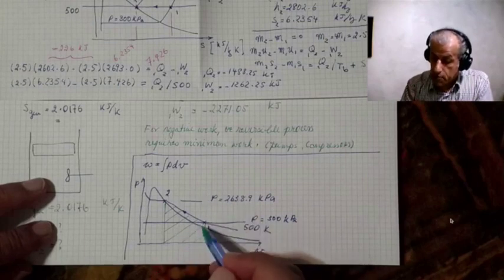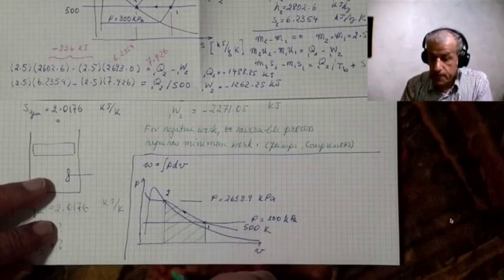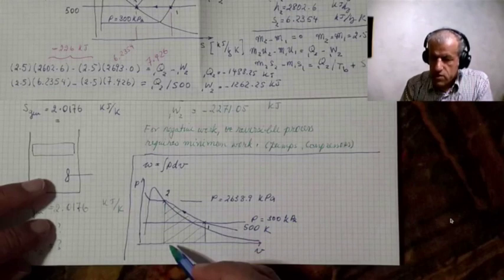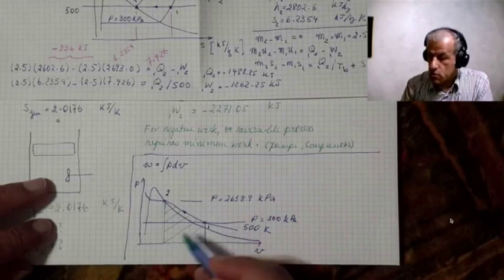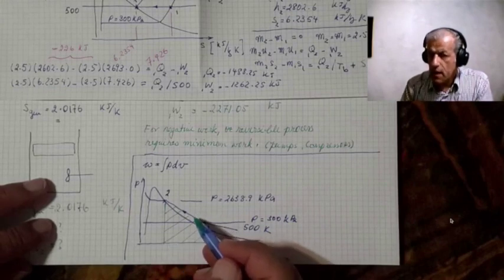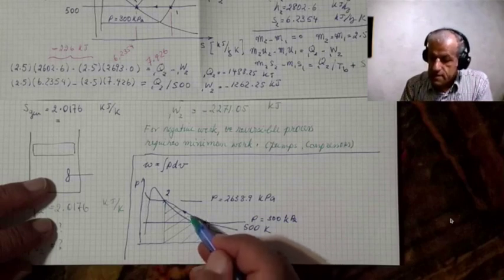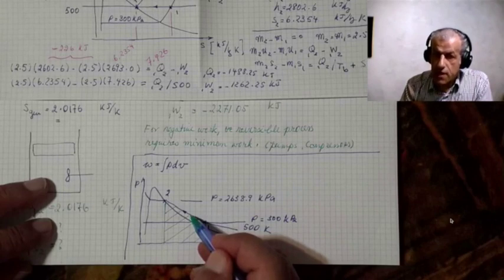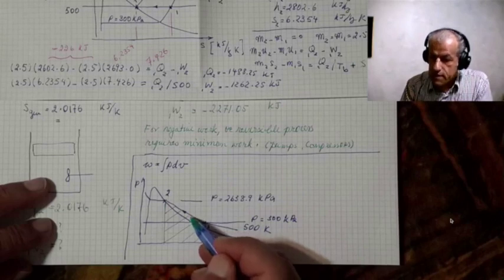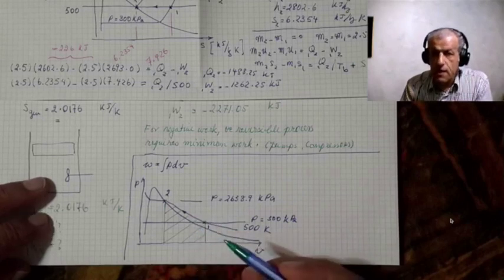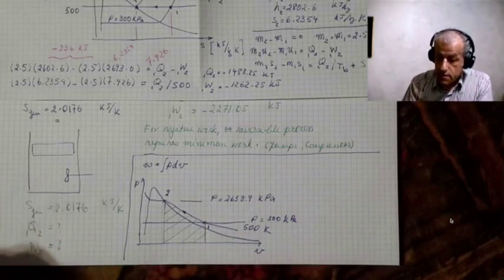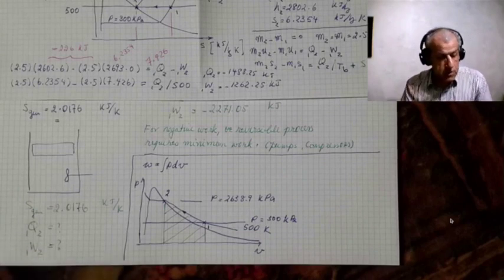So our pressure is changing. A question I want to answer and just bring your attention to is that this line is a straight line, a good approximation for this line, for this constant temperature line? Is it a good approximation?